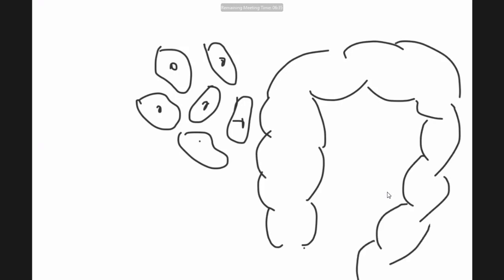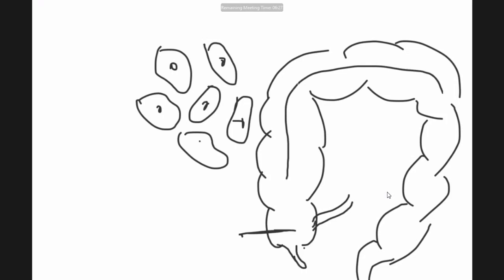You know the parts? This part is cecum, into which the ileum, the small intestine, opens. And this part is colon. And the last part is rectum. Okay. Now, in this wall, it lives.